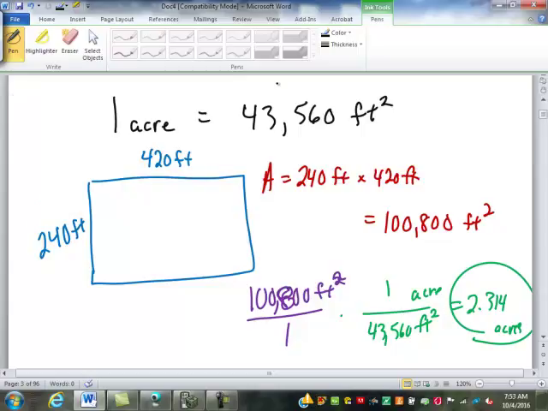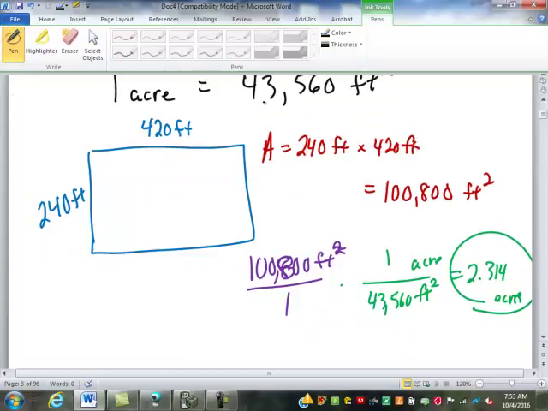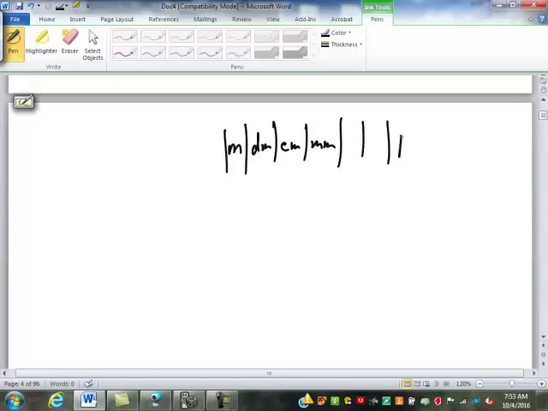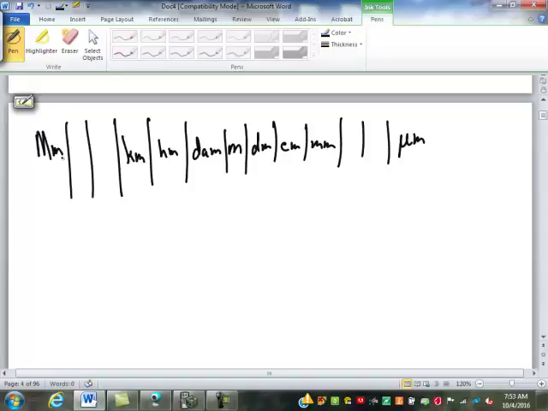Well then let's look at the metric system. Recall your units and suffixes from the metric system. Should look like this.